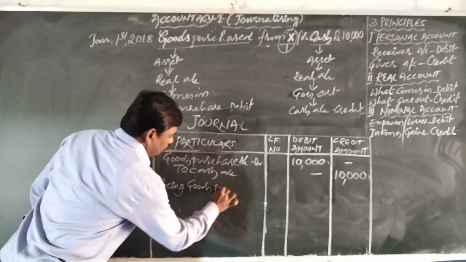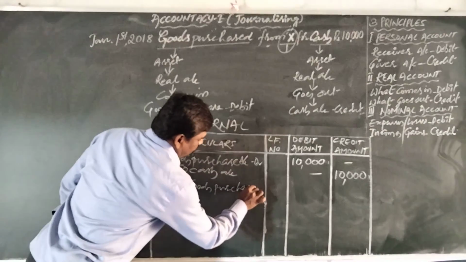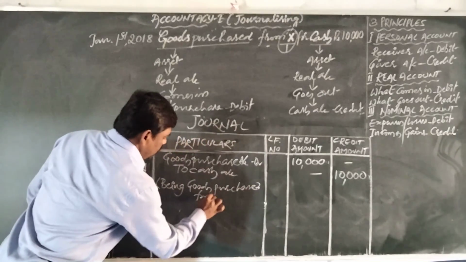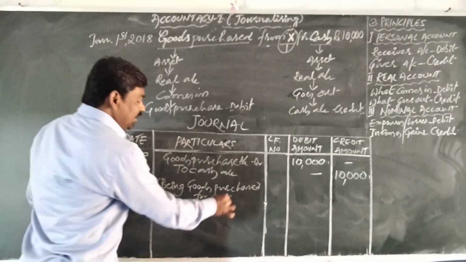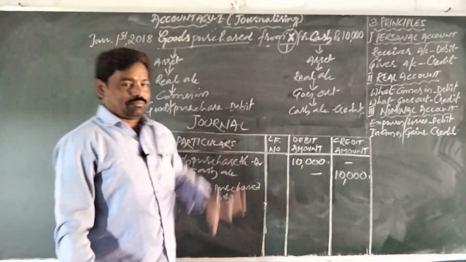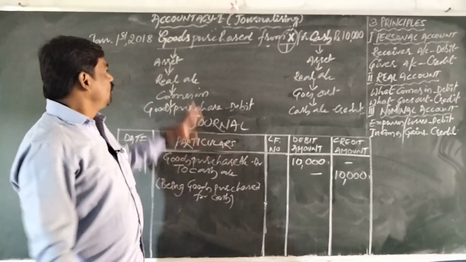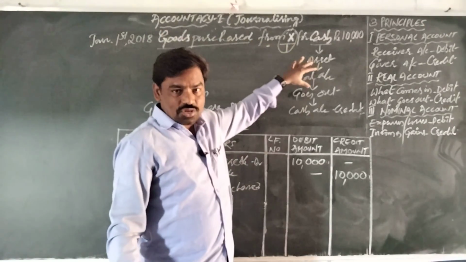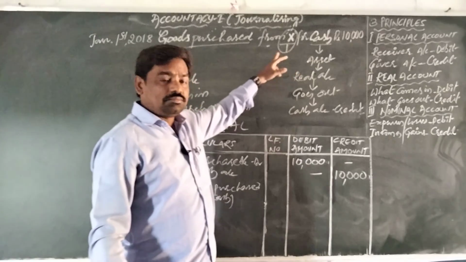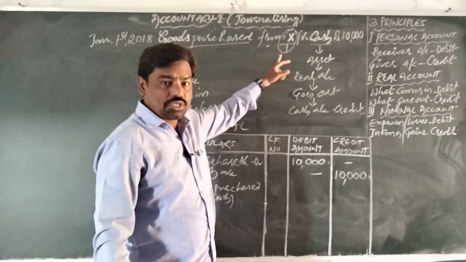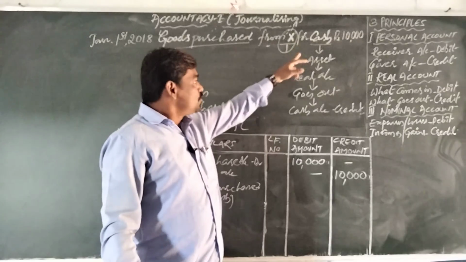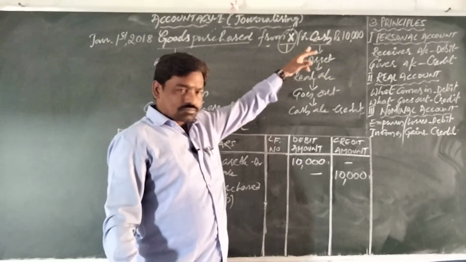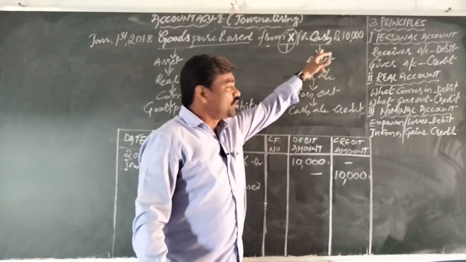Goods purchased for cash. Okay, students, it is a cash transaction. And remember one thing, when it is a cash transaction, we must not give importance to the name of a person even if we see it in the transaction, because in a cash transaction we give importance to cash.